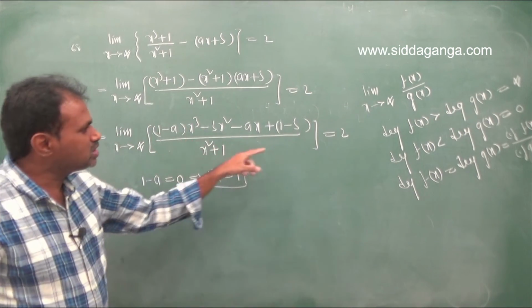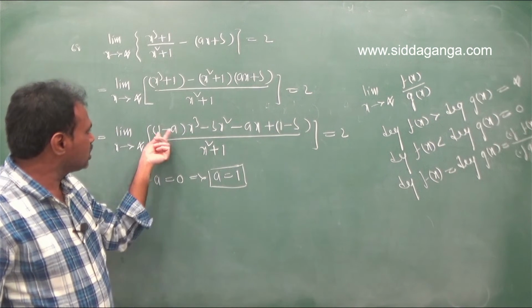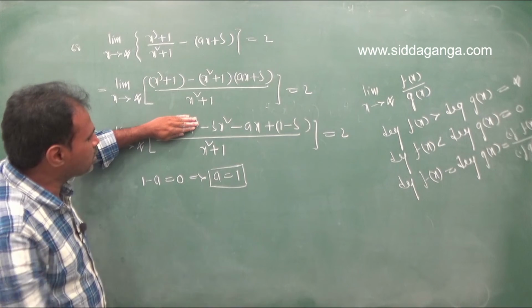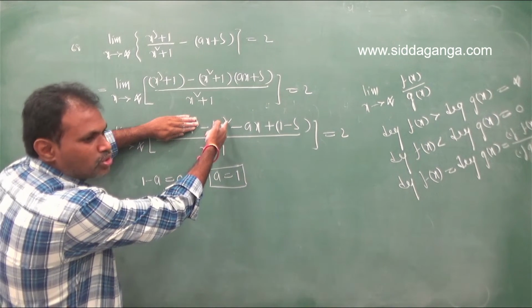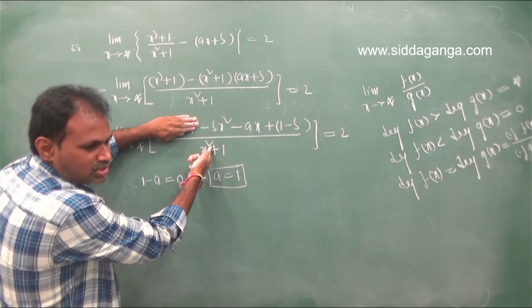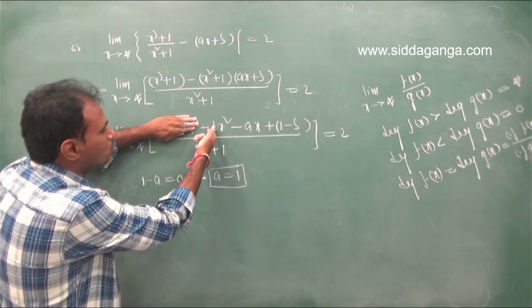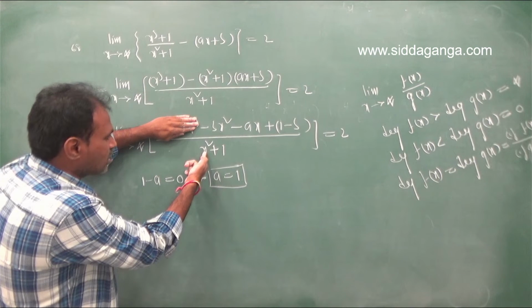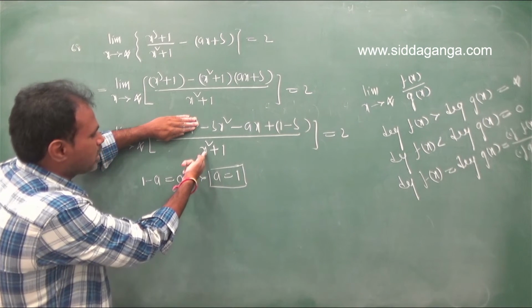Now 1 minus a equal to 0 means the x cube term cancels, therefore the numerator degree is 2 and the denominator degree is 2, so the result is the coefficient of the numerator's highest power divided by that of the denominator's highest power.